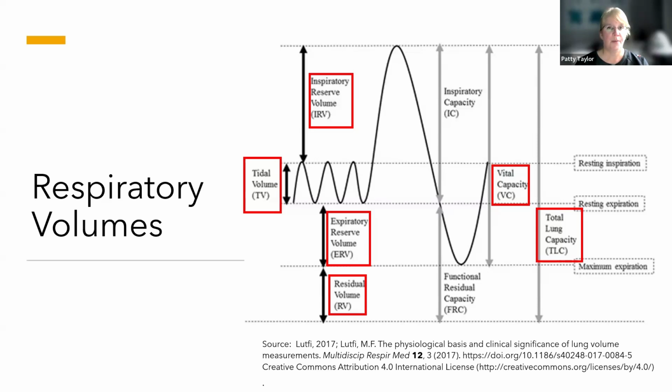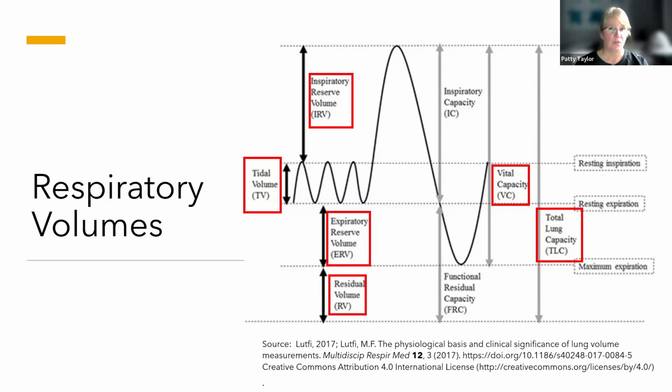If you want to know how much air can potentially be exchanged, we can do a vital capacity calculation. Vital capacity includes 3 things: the exchangeable volumes of tidal volume, IRV, and ERV. Now, if you look at total lung capacity, that's both exchangeable and non-exchangeable air.